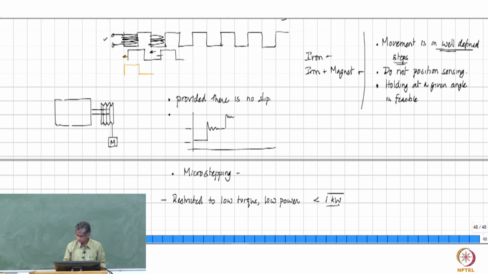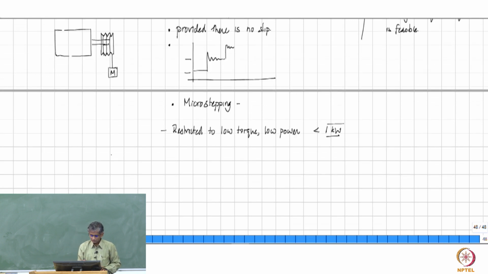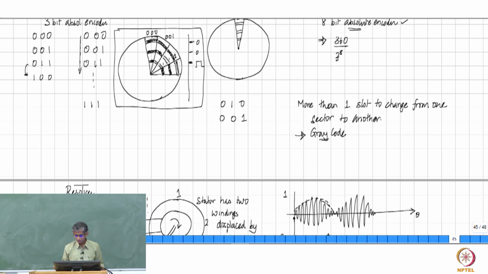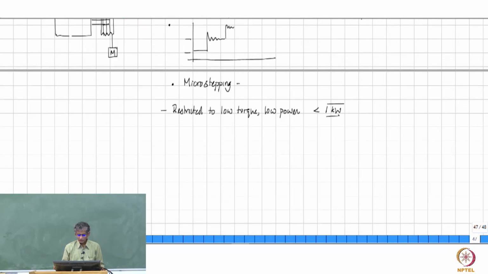With that, then we will close the discussion on electric actuators for robotics, and the goal was to give you an overview of the various varieties of motors, what sort of control systems are involved, and the various descriptions that you may be hearing when you look at these kind of actuators, right?